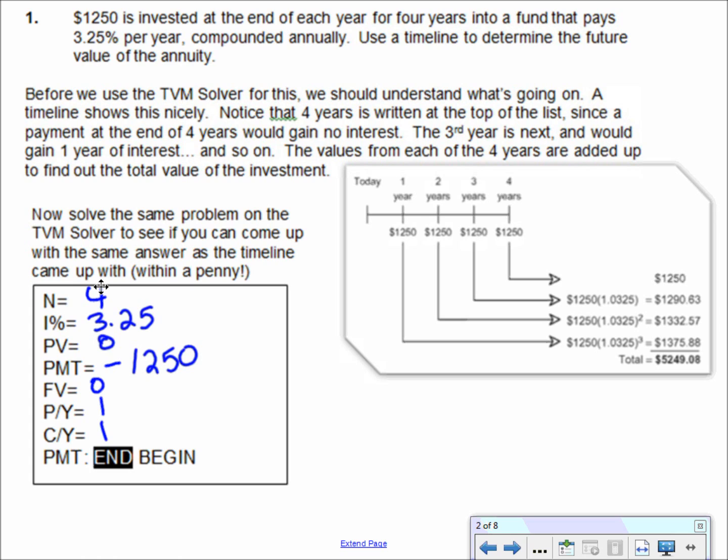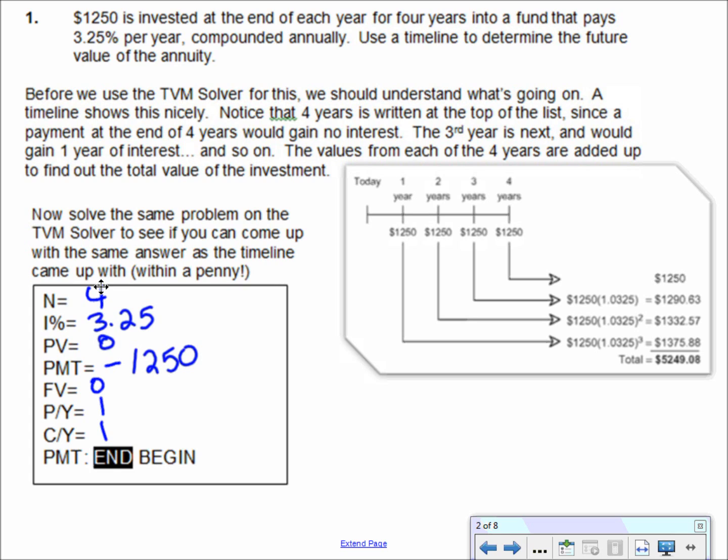So using your graphing calculator, you just plug in these numbers. So 4, 3.25, 0, 0, negative 1250, 0, 1, 1. Then we know from yesterday, I want that future value highlighted once all these numbers are in, and I hit alpha enter. And I should get the same number as I did here, which I did, $5,249.08.